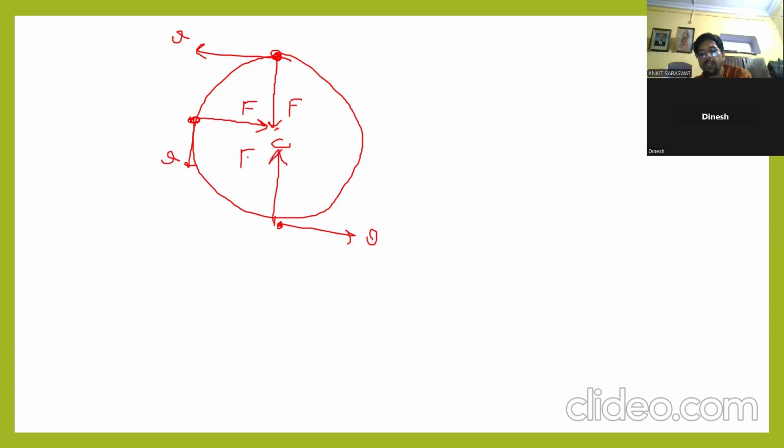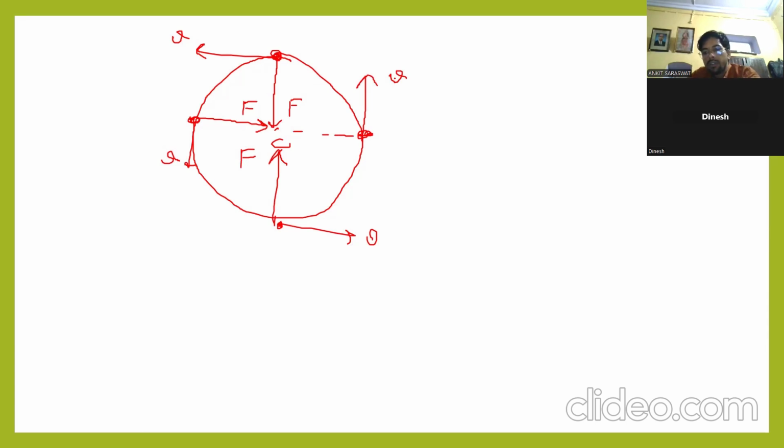This force is known as centripetal force. That is net force. It can be tension, it can be gravitational force. Any net force that is acting towards the center is responsible for the circular path, for the change in direction.